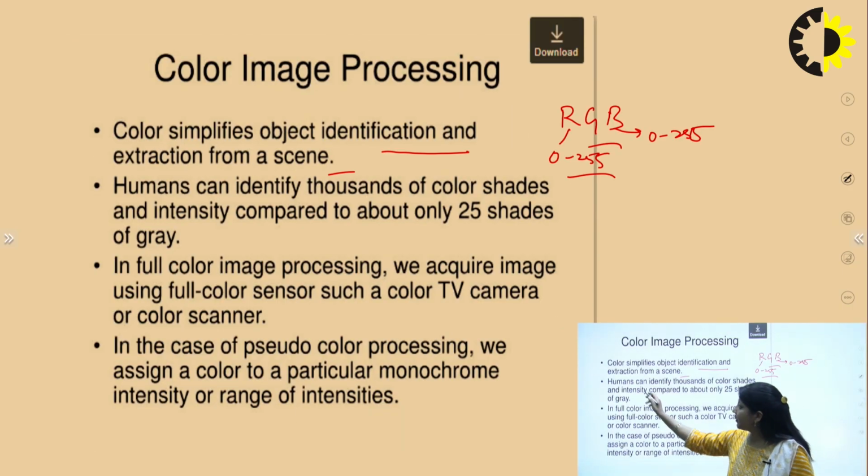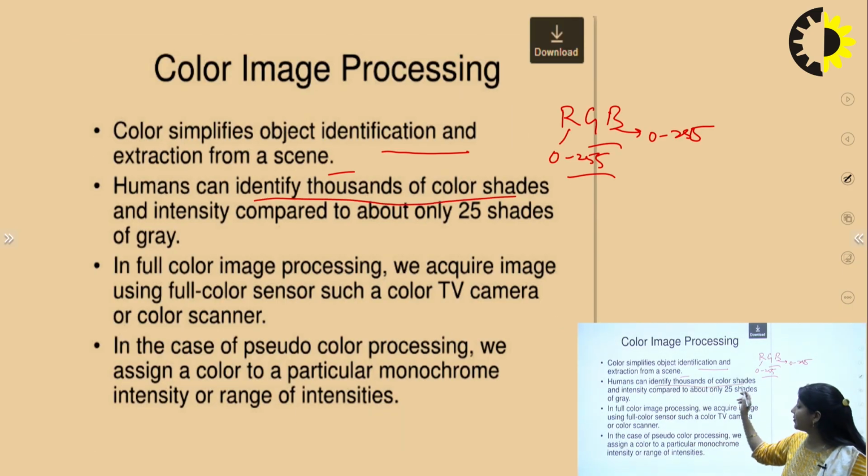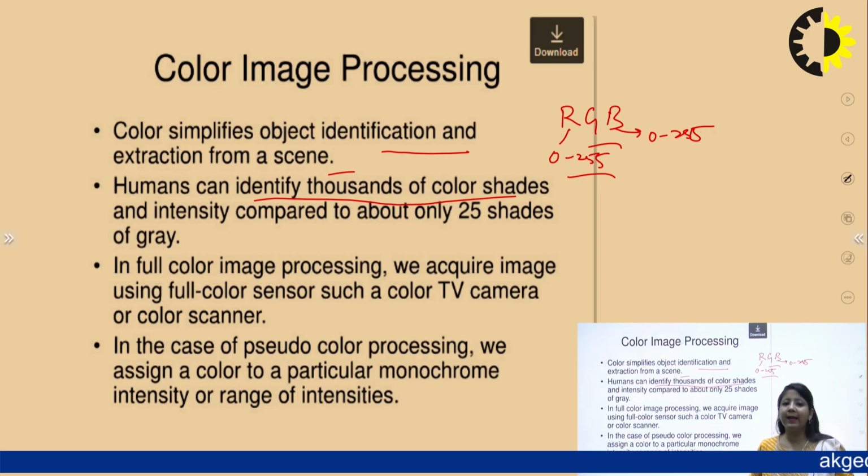Humans can identify thousands of color shades and intensities as compared to only about 25 shades of a grayscale image. I already told you grayscale images have gray shades, but those shades are very limited. In a color image, the shades are available in many variations.